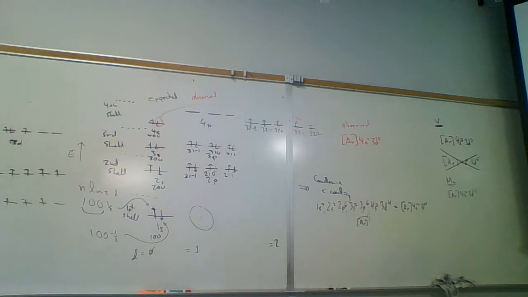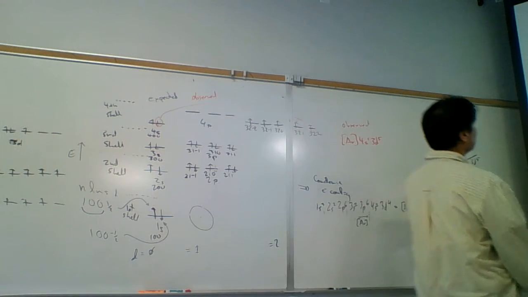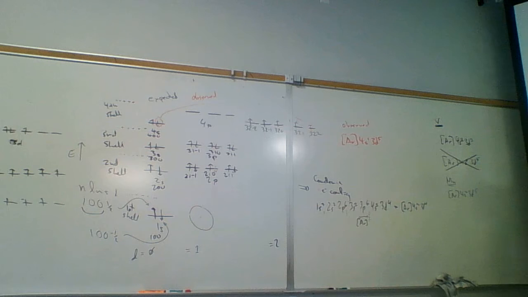Anyway, here, this is what I was trying to show earlier. Here's the first shell, it's a 1s. The second shell is a 2s2p. Third shell is 3s3p. Fourth shell, how do I know? Well, we can always look at the periodic table, or we can consult this little pyramid. But I just read it off the periodic table. The fourth shell is going to be the 4s, 3d, 4p.